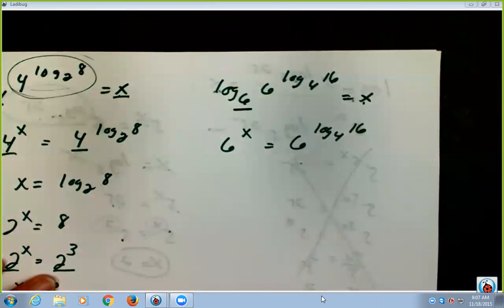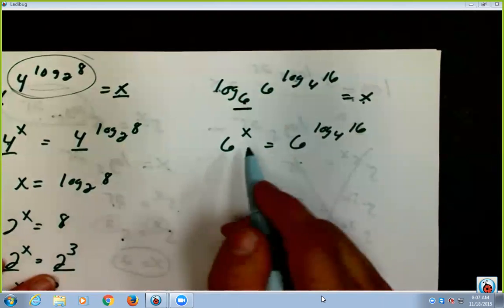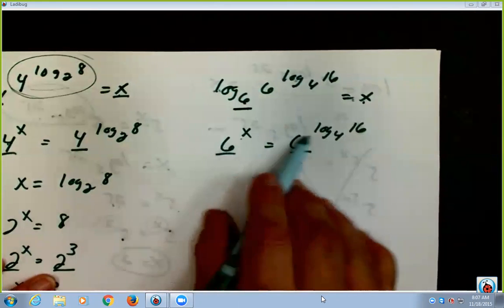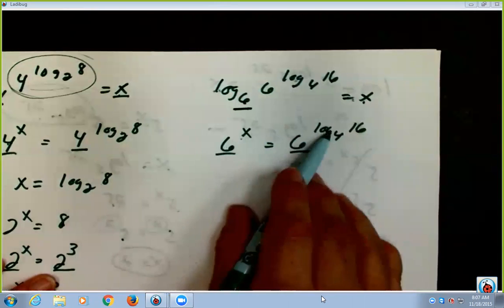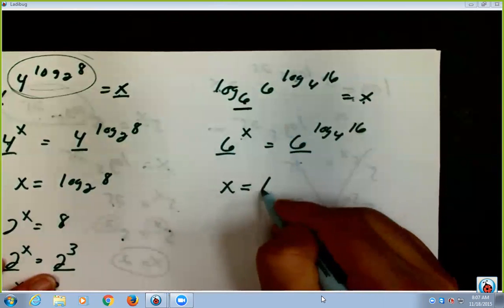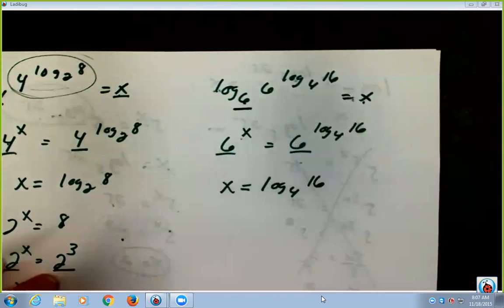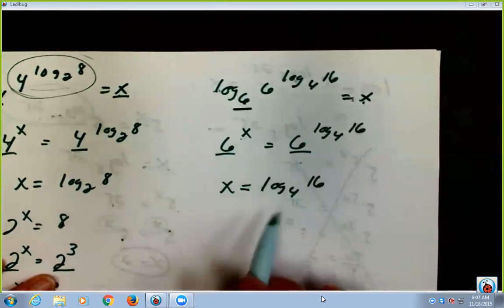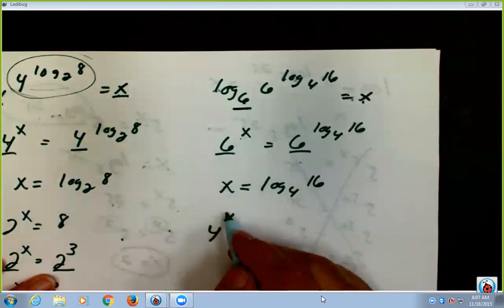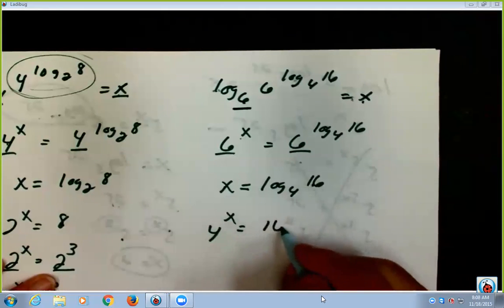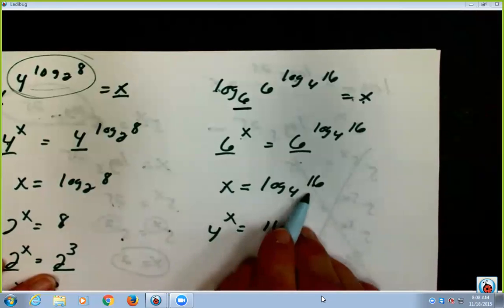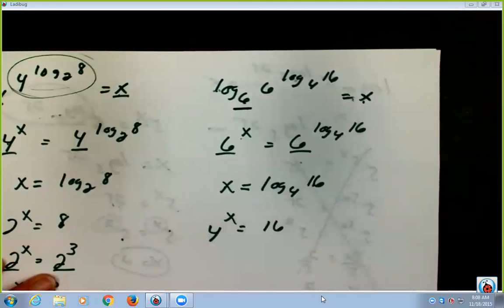So far so good, hopefully. Bases match. So since they match, I can set these two pieces equal to each other. So x equals log 4 16. So then if I reverse this, my base is 4, my exponent is x, equal to 16, because I've reversed my log. Okay, even though it looks backwards, we're still reversing that log back to exponential form.